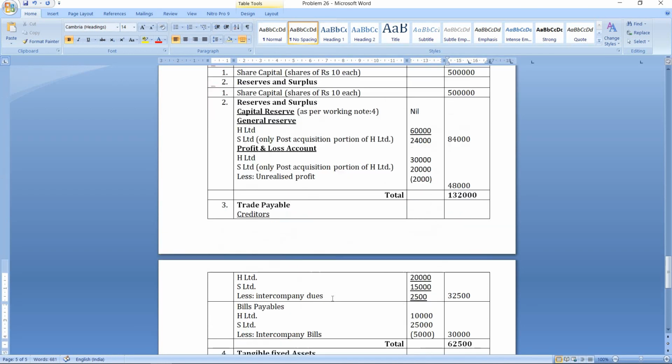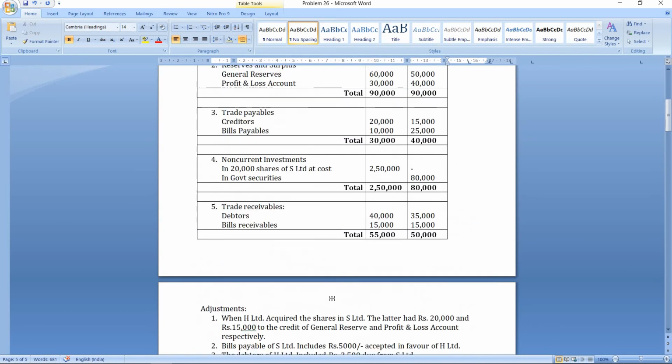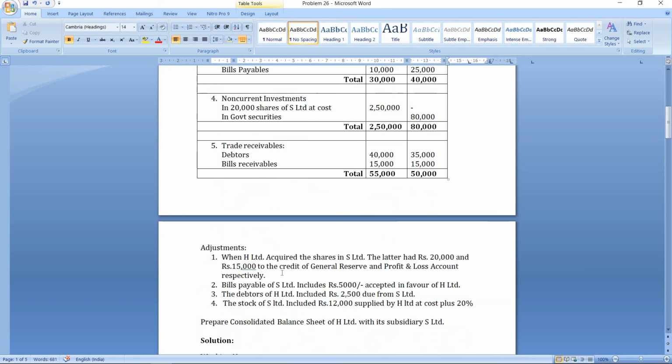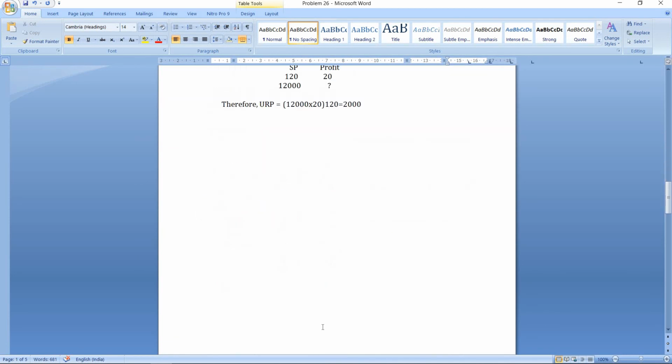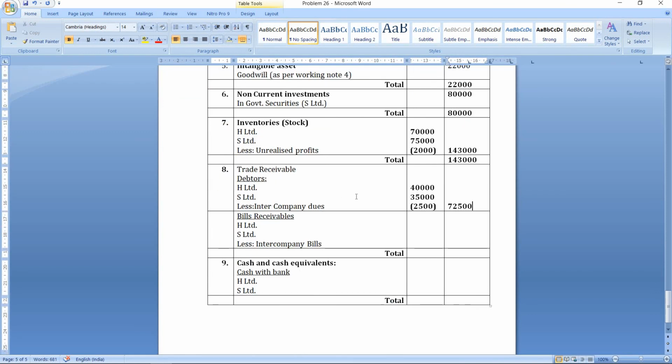Now similarly, we will pass the note for bills receivable. Let us look at the bills receivable that is given in the problem. Bills receivable is 15,000 for both the companies. From this we have to minus intercompany bills, that is 5,000. So bills receivable for H Limited it is 15,000 and for S Limited it is 15,000, and the intercompany bills are 5,000.